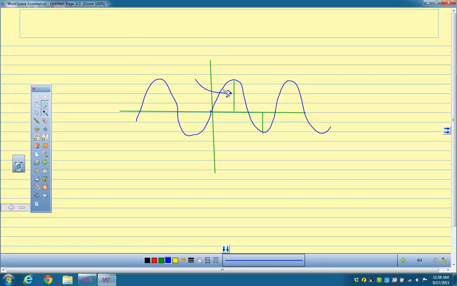That thing is called the amplitude, okay? The amplitude, and in the equation y equals a sine or cosine x, the absolute value of a is equal to the amplitude, okay?